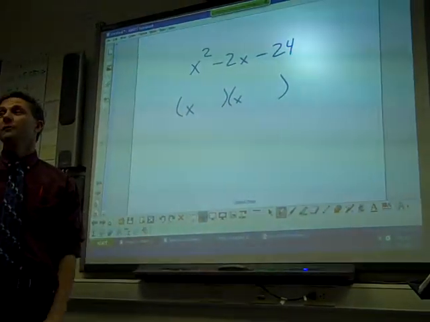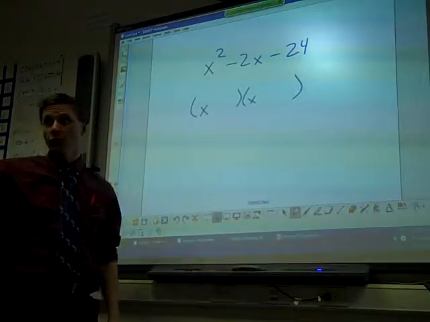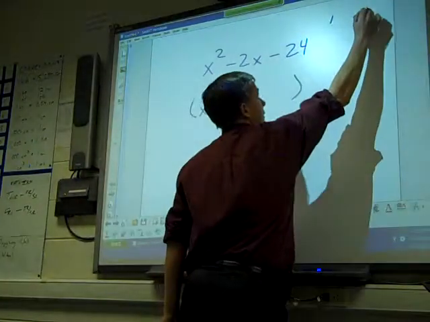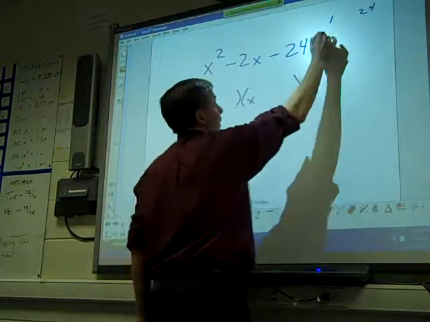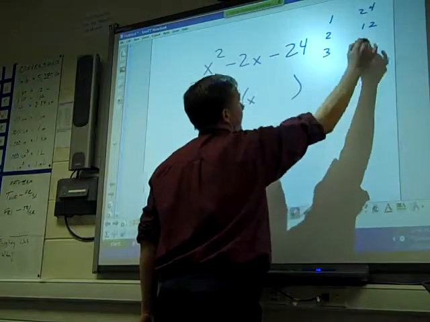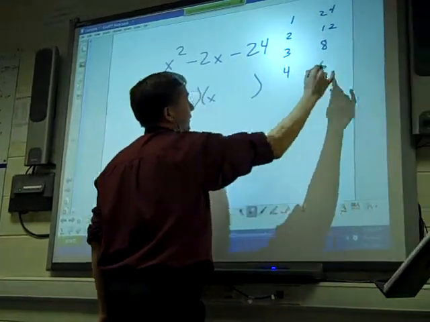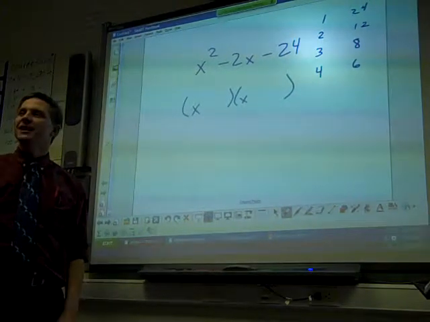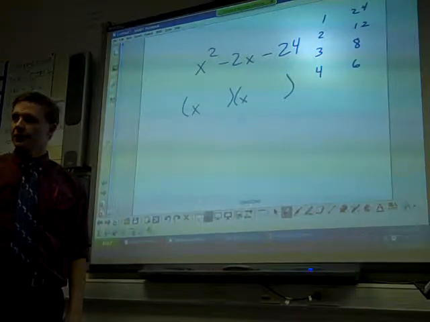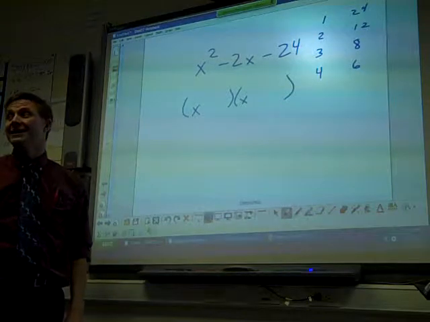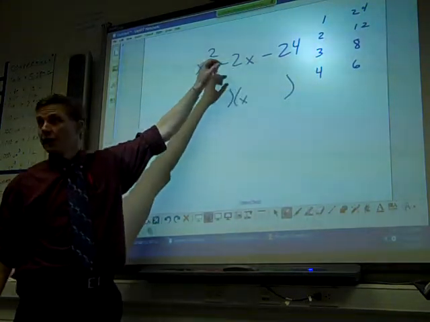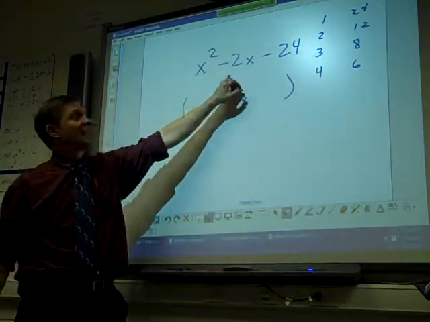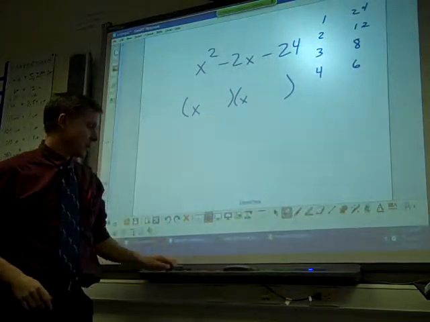What are the factors of 24? There's a whole bunch of them. 1 and 24. What else? 2 and 12. 3 and 8. 4 and 6. And we've got to start searching for a combination of those that either add or subtract to negative 2, because the sign goes with the number, right? And they multiply to negative 24.